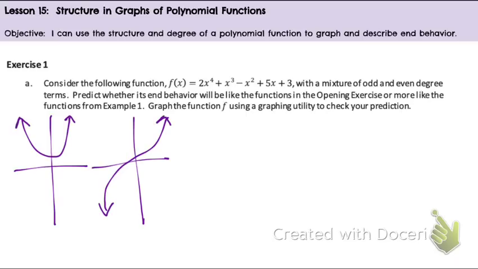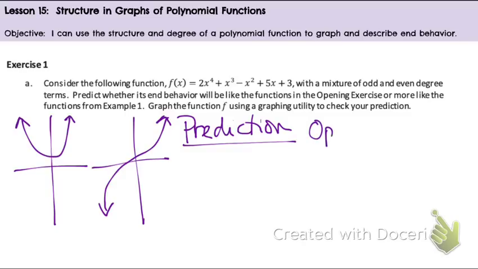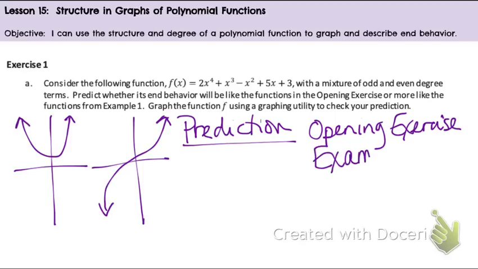Okay? So what I need you to do right now is pause the video. I need you to make your prediction on your paper. So I want you to write the word prediction, and I want you to say whether it's going to look like the opening exercise, or more like the example 1 exercise. What is your prediction?